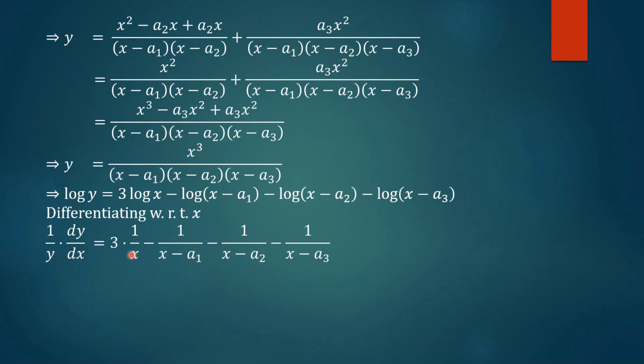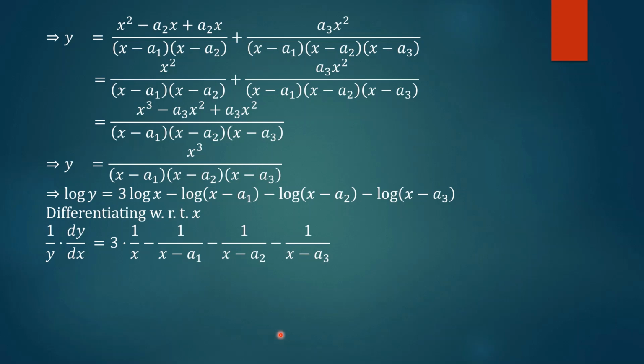Right hand side, so actually there are 3 times of 1 by x. One of the 1 by x you calculate with the first one, the second 1 by x you calculate with the second one, and the third 1 by x is calculated with the third one.